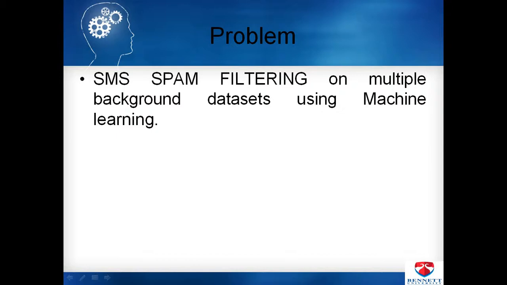Our topic is SMS spam filtering on multiple background datasets, meaning American English based, Singapore English based, Turkish based, and Asian based datasets. Various datasets on various backgrounds are available on the net, so I have built a model that can fit on these multiple background datasets and find some useful results. So that is my problem.